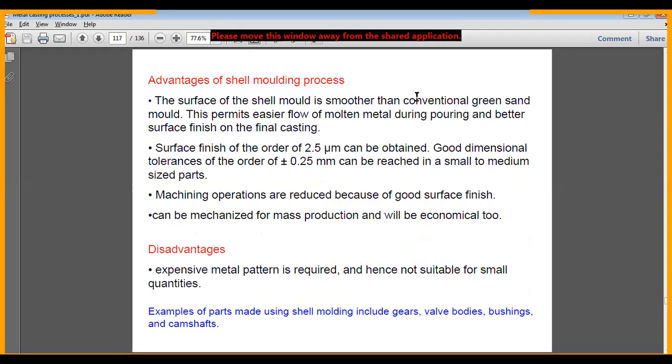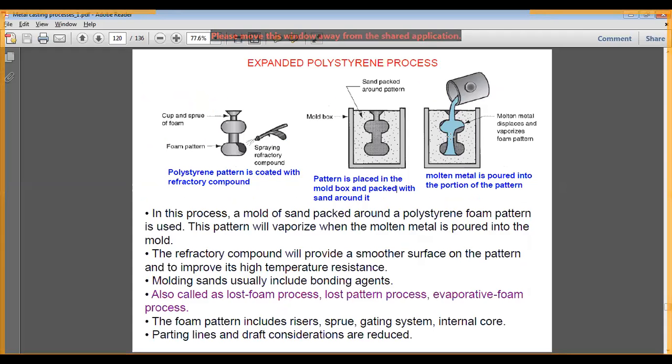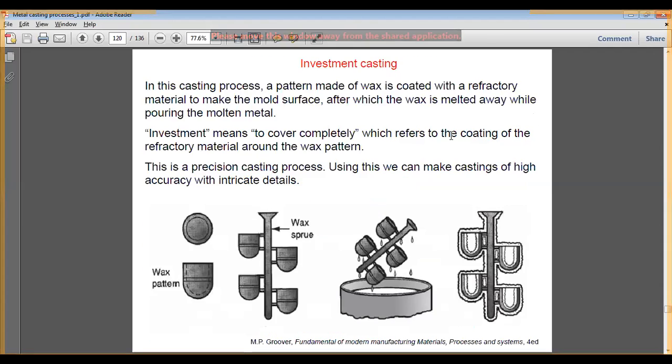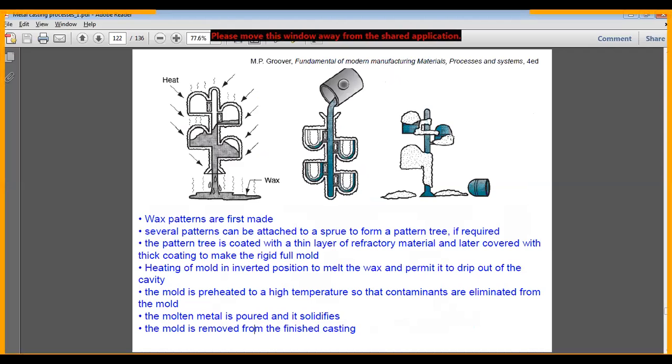So today we will be discussing more about these, expanded polystyrene process, then investment casting, in which I told that the pattern is lost rather than being retained. So this is also called lost pattern casting or wax pattern casting.